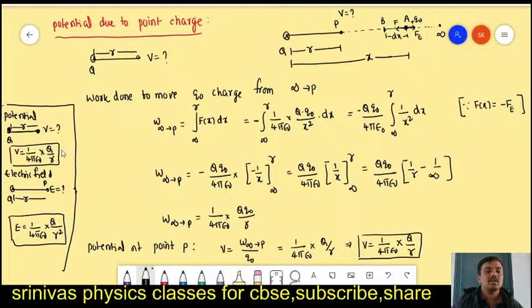That means here the potential is inversely proportional to R, but the electric field is inversely proportional to R square. This is extra information in the note.